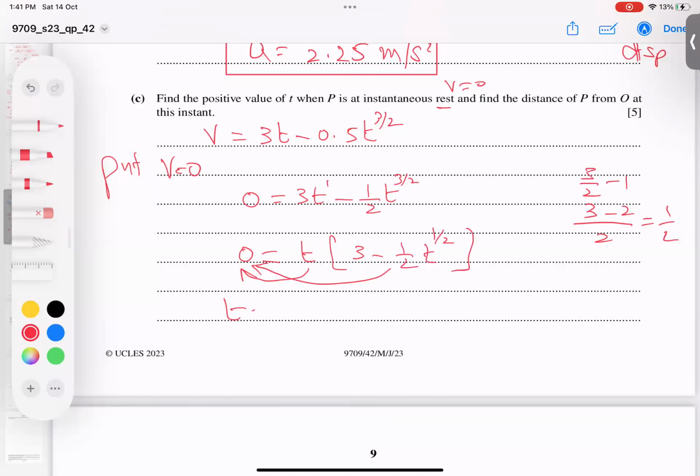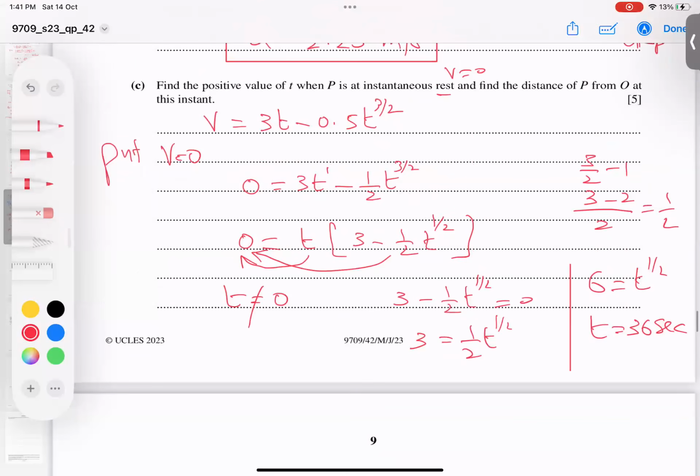So t is equal to 0, which is not possible. He said positive and 0 is never positive. And the second option, I am writing this way. So 3 is equal to half t to power half. 3, 2 multiplies there becomes 6. So 6 is equal to t to power half. And squaring both sides, I got 36 seconds.